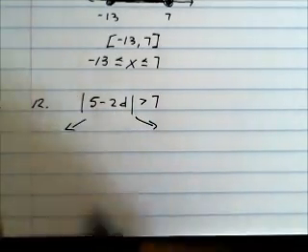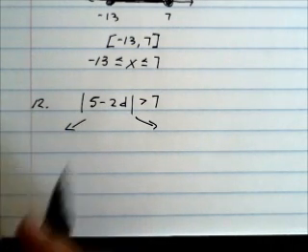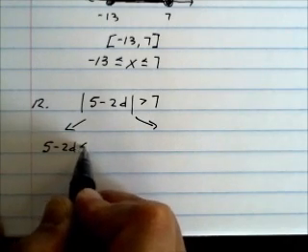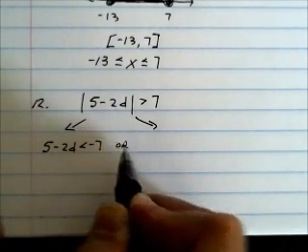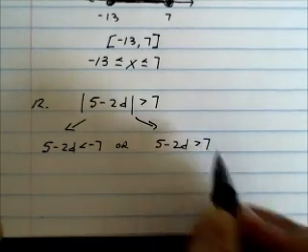Absolute value is isolated, it is all by itself, so we split apart into our left arrow: 5 minus 2d is less than negative 7, or 5 minus 2d is greater than 7.